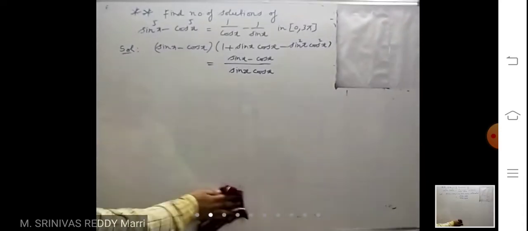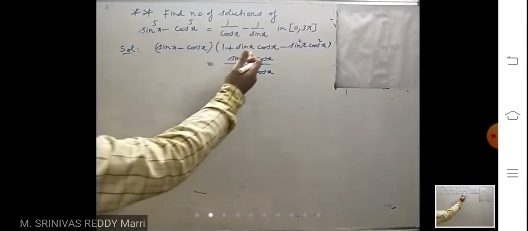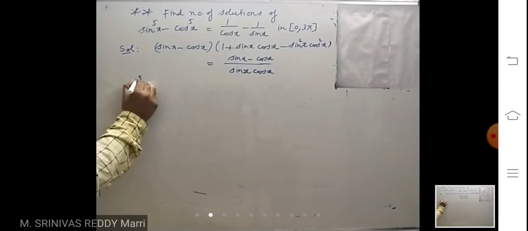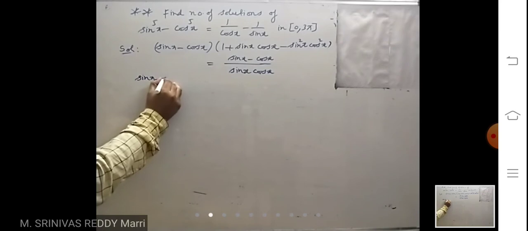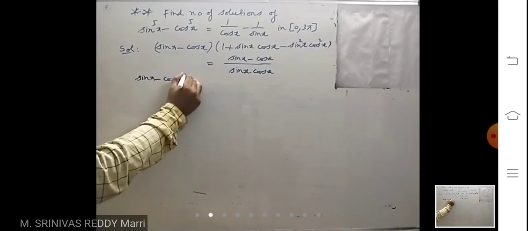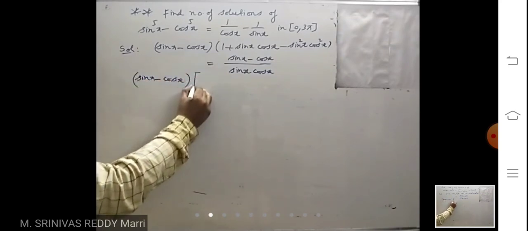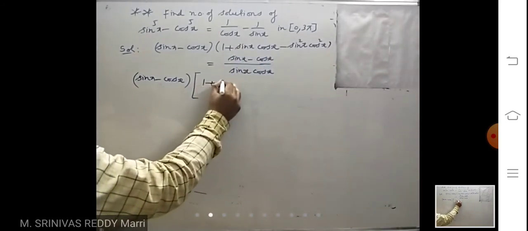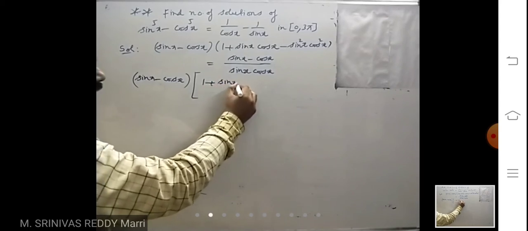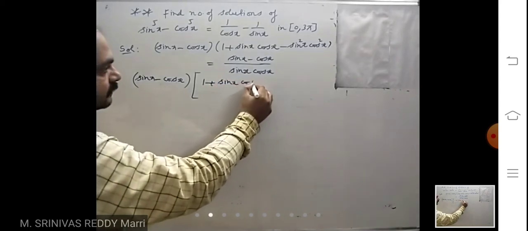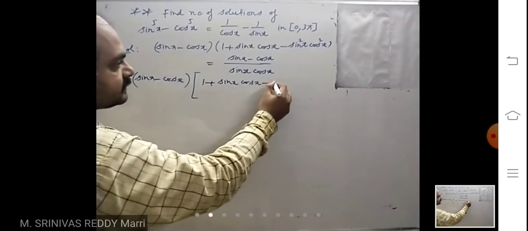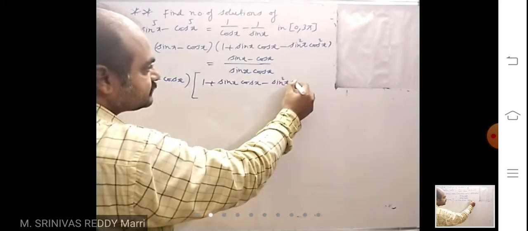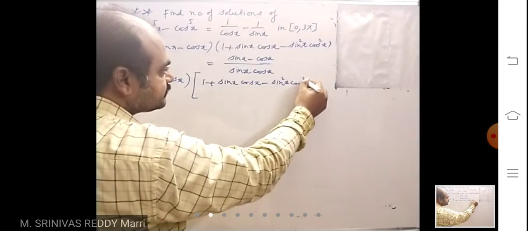Now I am bringing this completely to the left hand side and taking sin x minus cos x common. Look at what I will get here: 1 plus sin x into cos x minus sin square x cos square x.